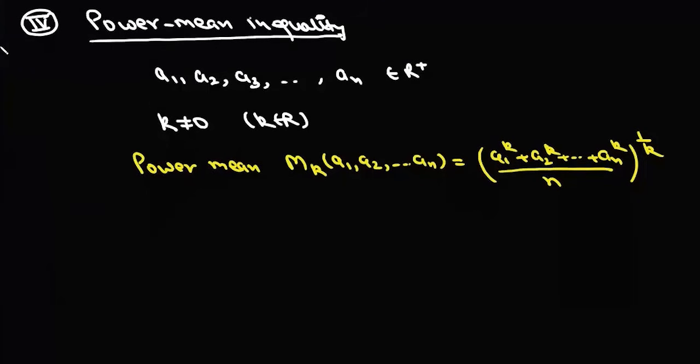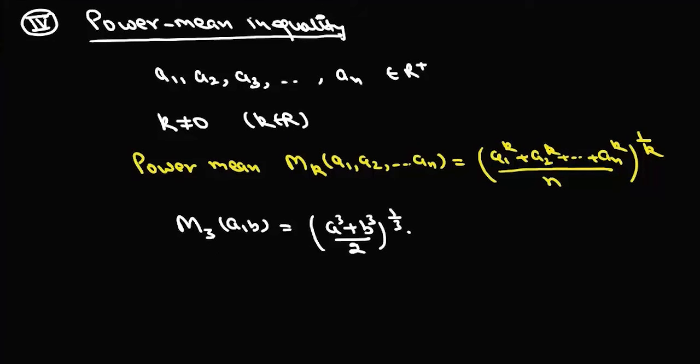To understand this, let us consider the power mean of a, b if k is 3. Now it will be ((a³ + b³)/2) whole to the power 1/3. So this is how we write the power mean of these numbers with the given k.